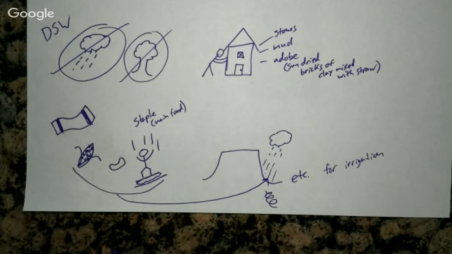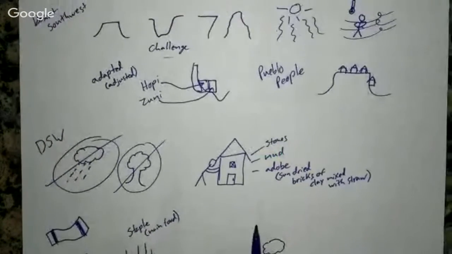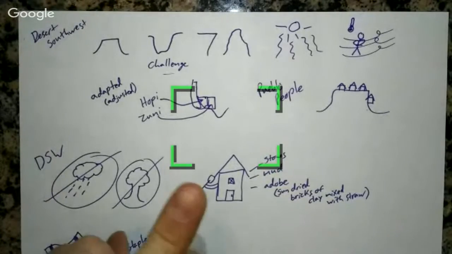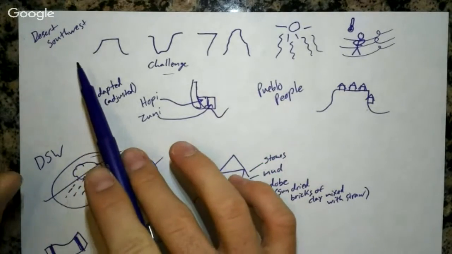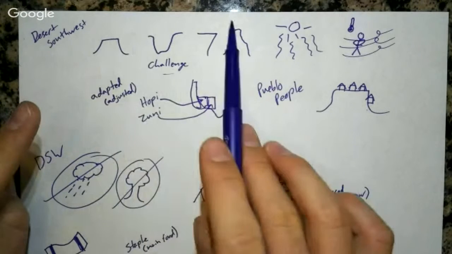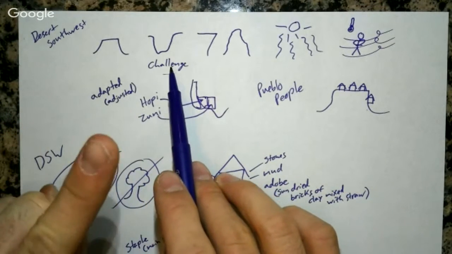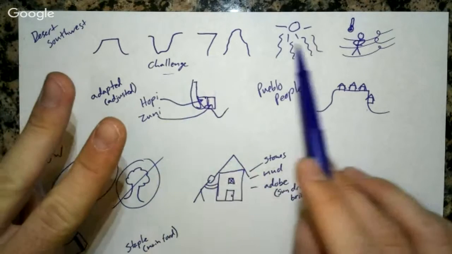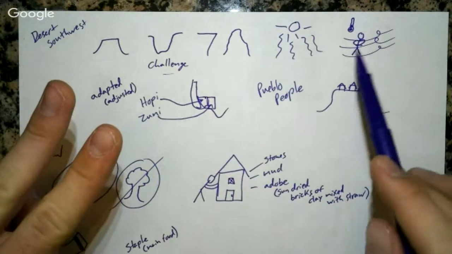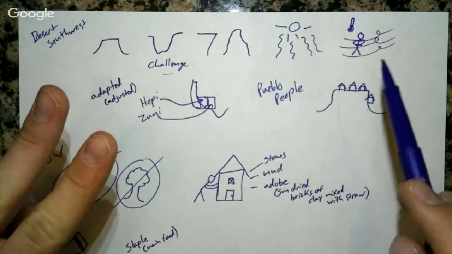Okay, so I'm going to go through and read it one more time, and I'm going to count my sentences and see if I have 5 to 7, which is what I need for a good summary. So I'm going to go back up to the top. Number 1. In the desert Southwest, there are many different landforms that make it challenging to live there. That's 1. 2, it is both very, very hot and very, very cold. That's a small sentence.